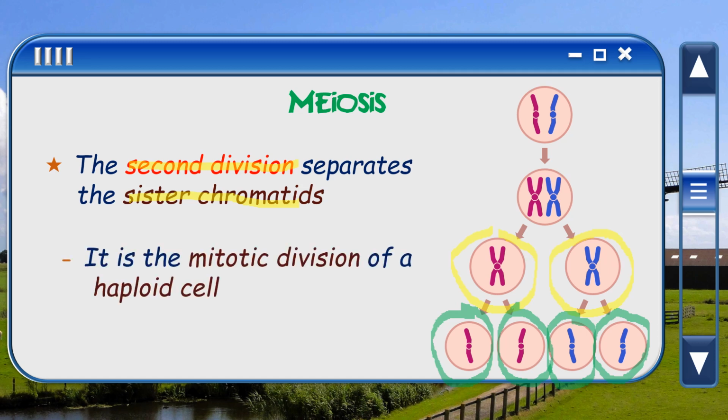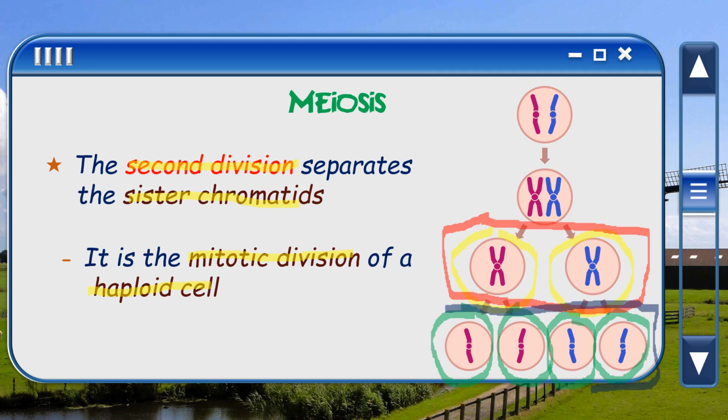And it is a mitotic division of a haploid cell. Already here, these cells are already haploid. So when we divide them to form our cells down here, we are just mitotically dividing the haploid cell. The second division is a mitotic division because the cells are already haploid.